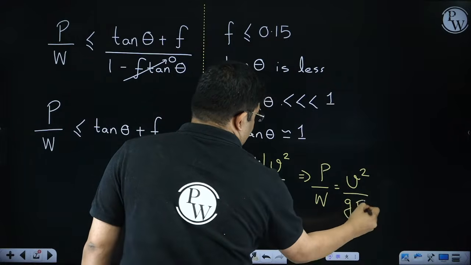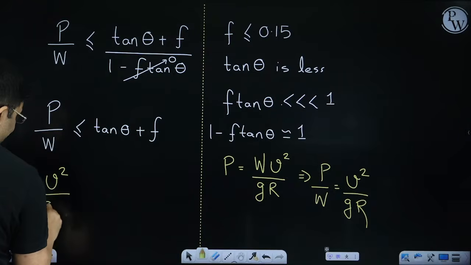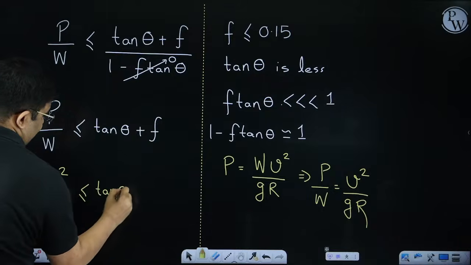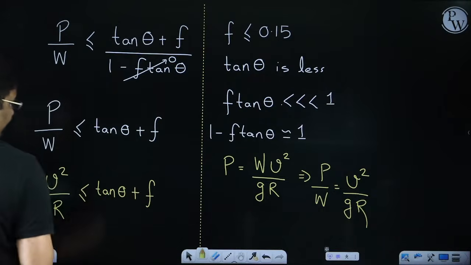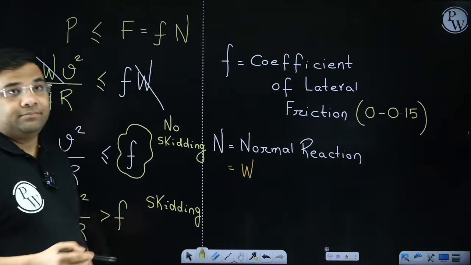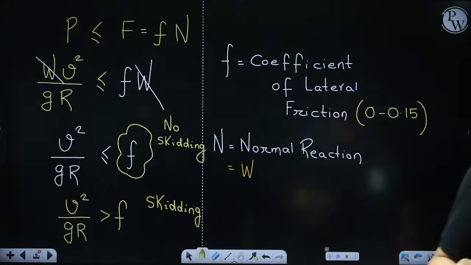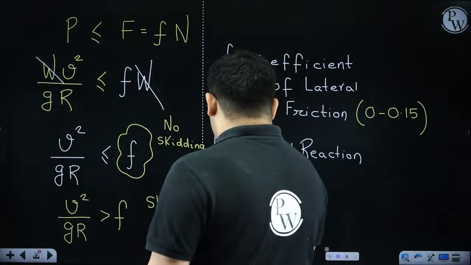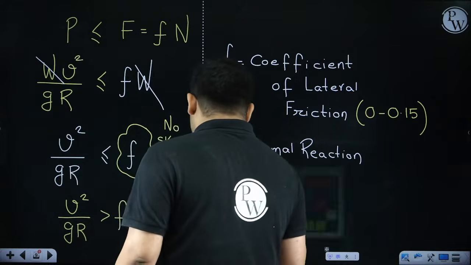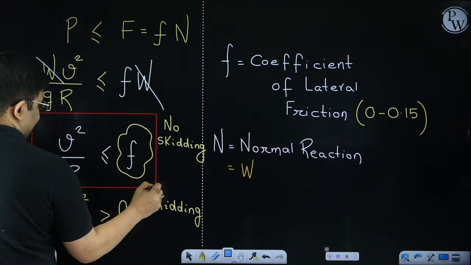So now I can write V square by GR is less than or equal to tan theta plus F. Now let us go to the equation when the rod was not tilted. When the rod was not tilted, I was getting the equation V square by GR is less than or equal to F for the no skidding condition.